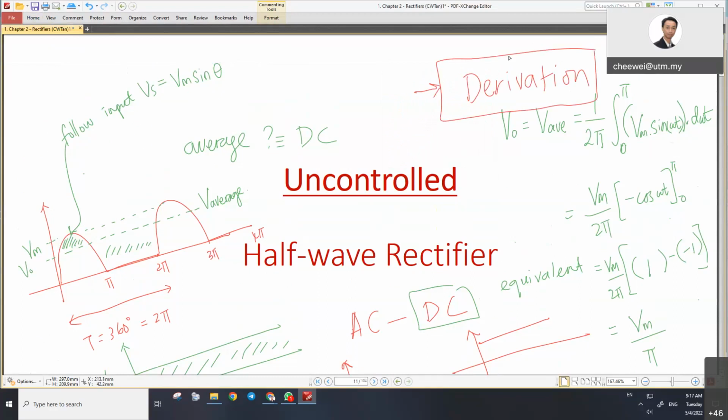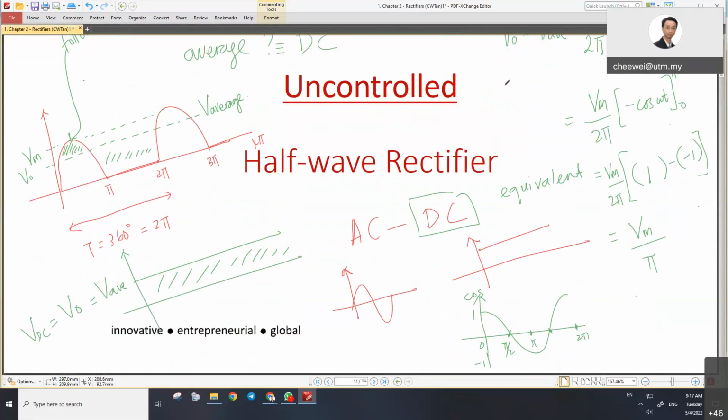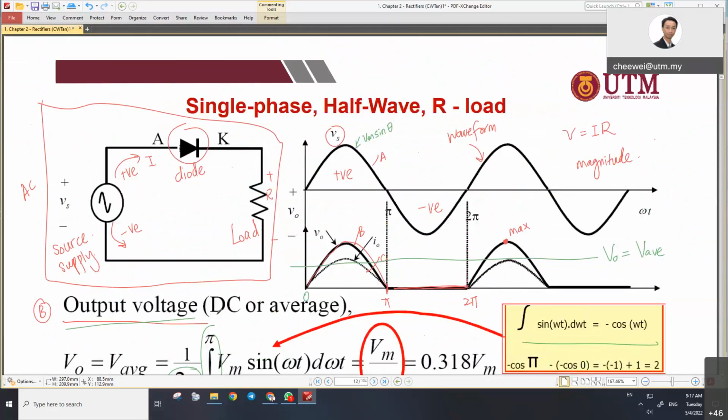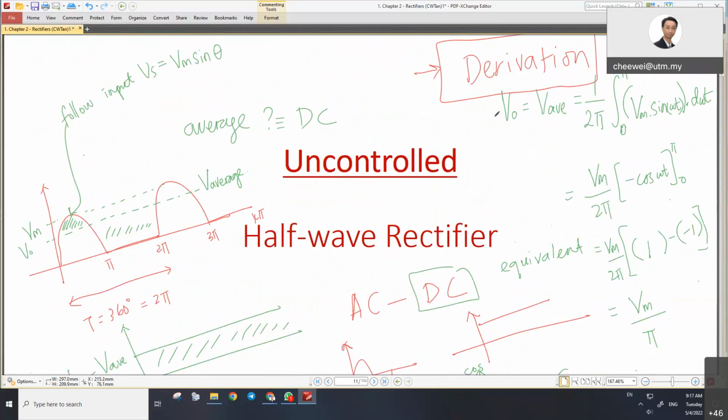The question will sound like, this is a single phase half wave R load, right? Derive the output voltage. So the output voltage, how to derive? The answer is here. Starting from the first line, second line, third line, and fourth line. That will be the answer. The whole process is a derivation.